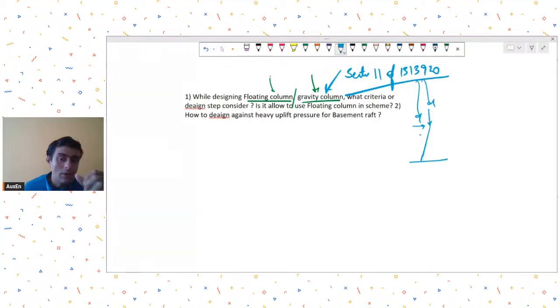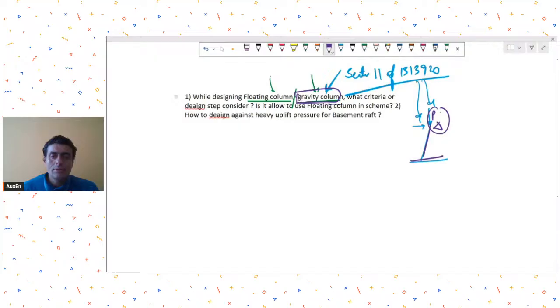So although your gravity column is not taking any moments from the seismic loads or lateral loads, still they have to maintain the compatibility. So your code wants that the gravity columns should behave under the effect of moments that get generated from the lateral sways. So it's like a P delta effect for gravity columns that you have to consider mainly.